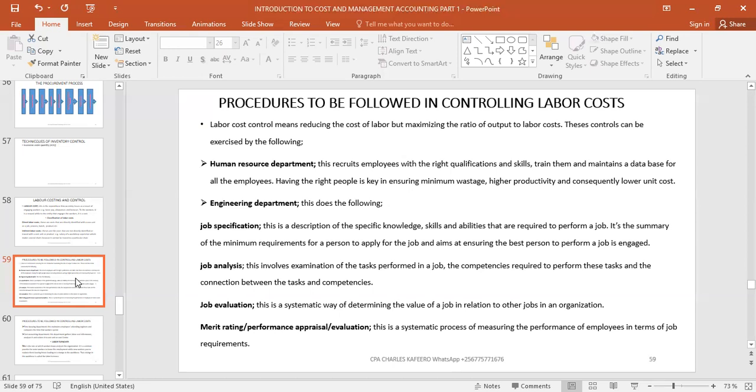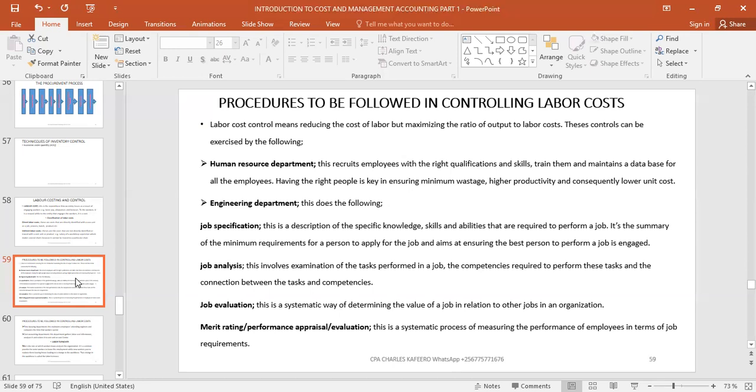That's why when you go for an interview, you find that when they ask for the salary expectation, if you give a certain amount which is not in the range of their budget, you may find that they will not call you for the job. The reason is that they cannot pay more than what they had budgeted, because they first make the analysis before they call people for interviews.